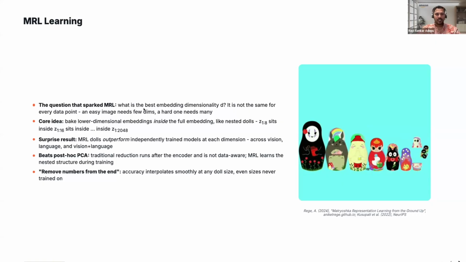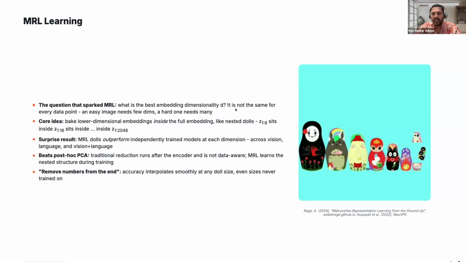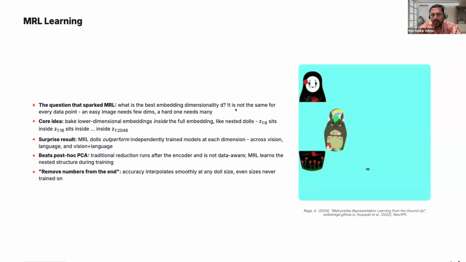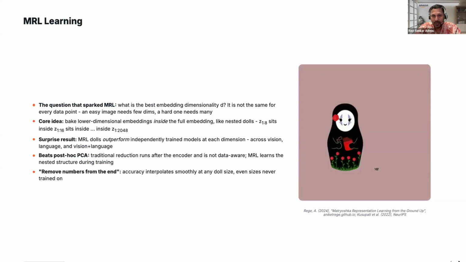Matryoshka representation learning, named after these Russian nesting dolls, is a simple idea. The question that started it was, what's the right embedding dimension? And the honest answer is it depends. An easy example needs maybe only a few dimensions. A hard one might need many.